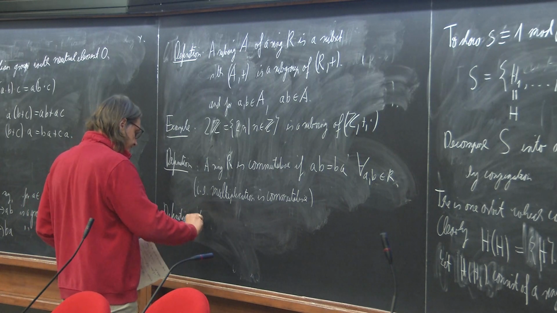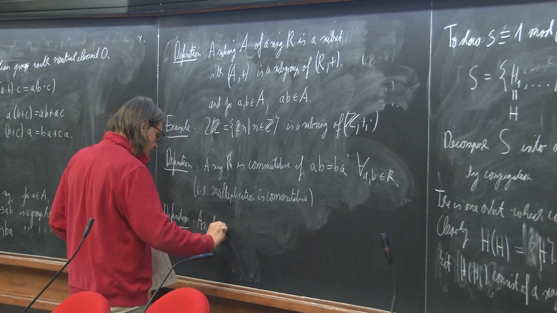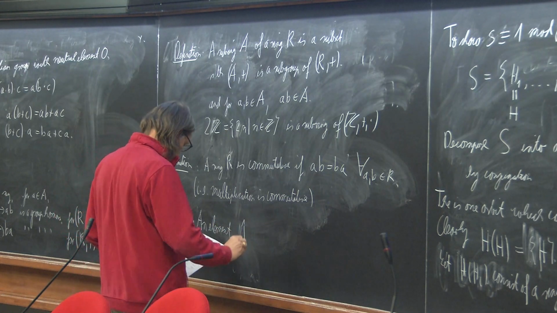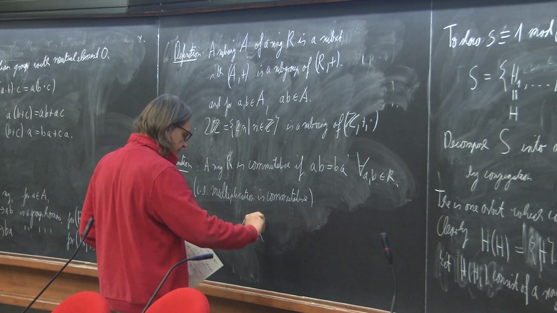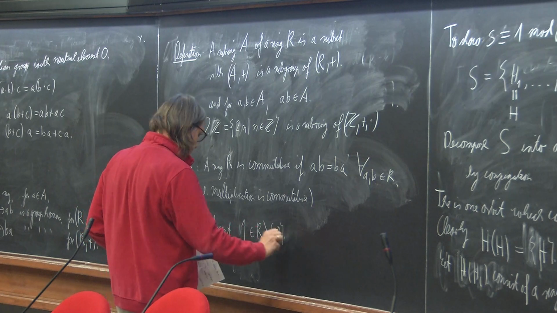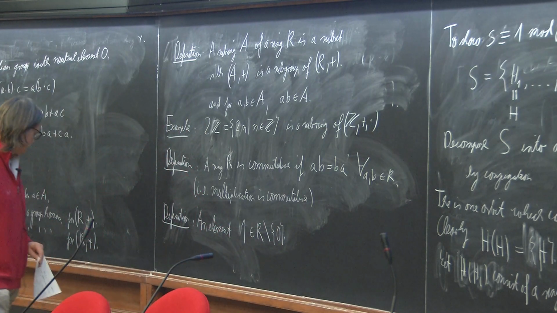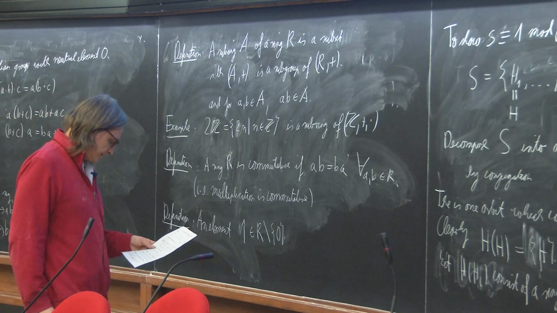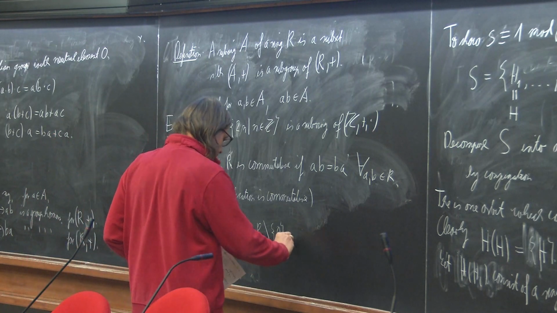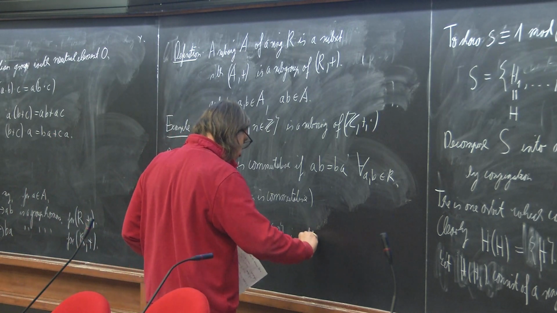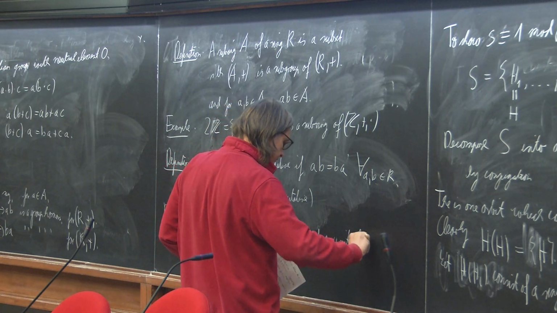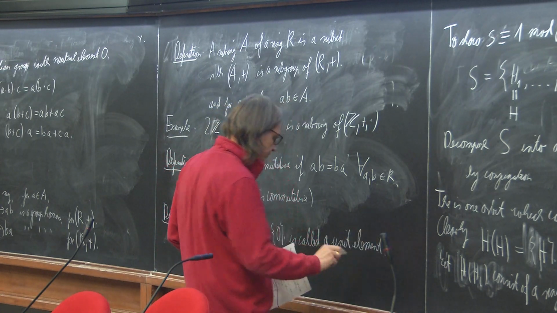An element, which I will denote 1, in R, and they require that 1 is not equal to 0, because if I would allow 1 being equal to 0, then somehow the whole thing would be trivial in a very uninteresting way. Is called a unit element.